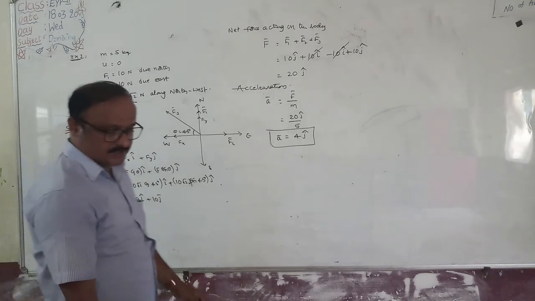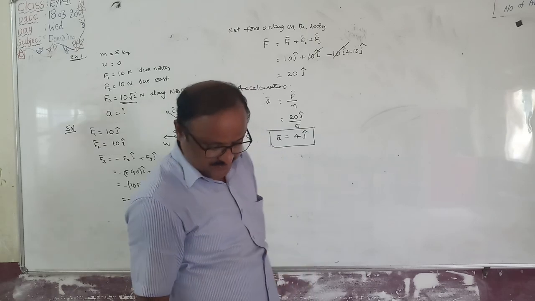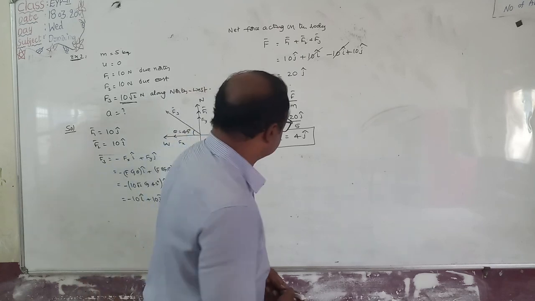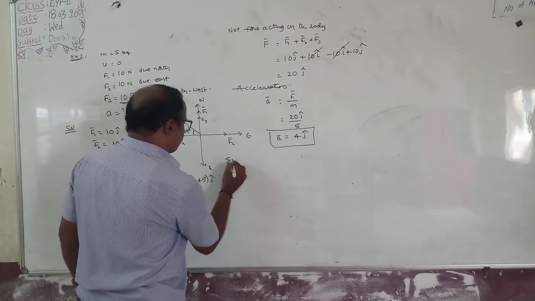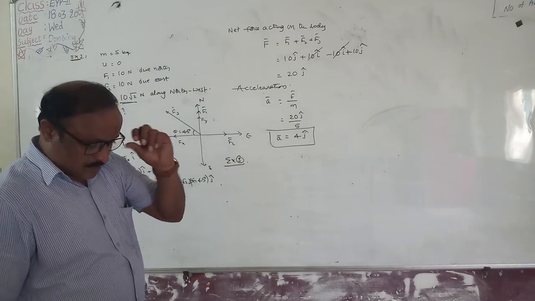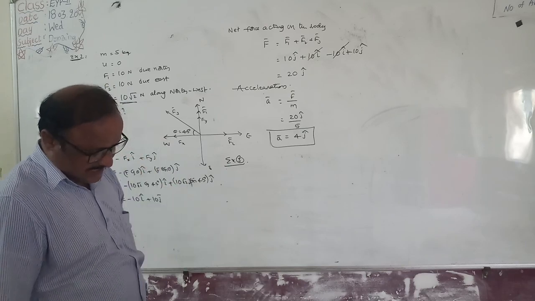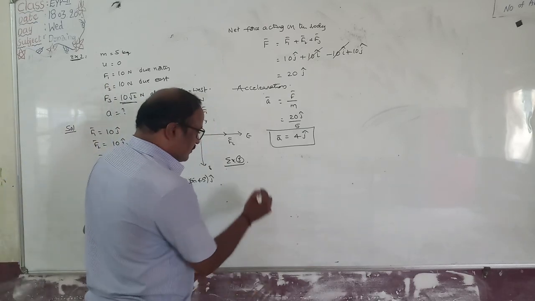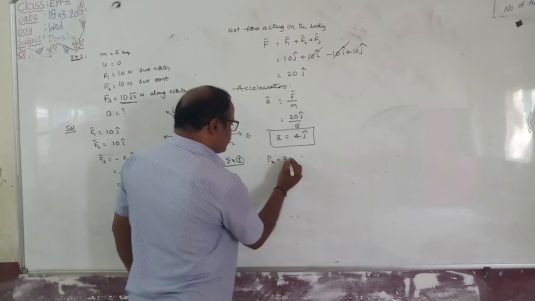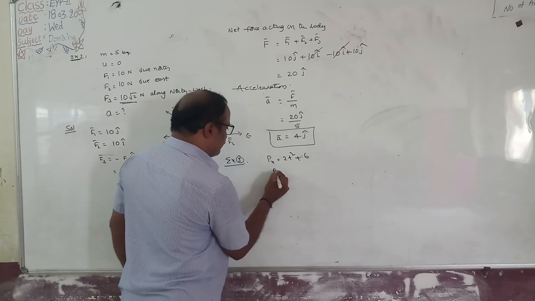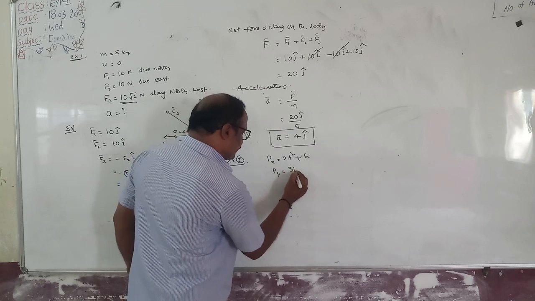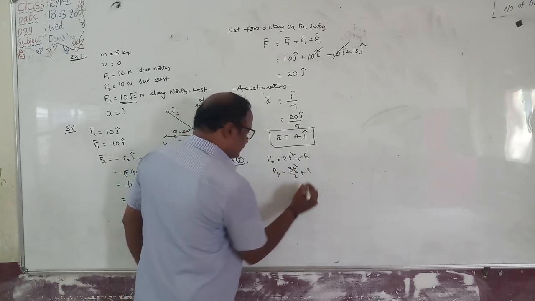Okay now, the next one, another example is the momentum of a body in two perpendicular directions. Next, example 3. It is given, observe here. The momentum of a body in two perpendicular directions at a time t is given by px is equal to 2t square plus 6 and py is equal to 3t square by 2 plus 3.